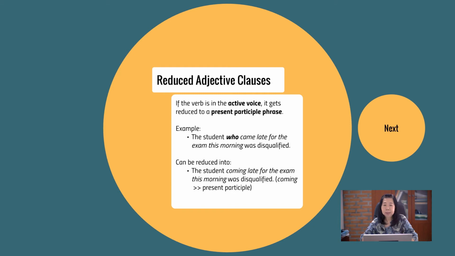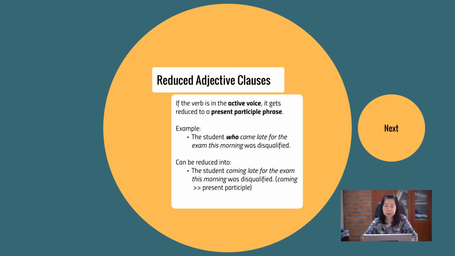If the verb is in the active voice, it gets reduced to a present participle phrase. Kalau kata kerjanya dalam bentuk aktif, maka dapat di-reduce menjadi frasa dengan kata kerja ing. Contohnya, the student who came late for the exam this morning was disqualified.